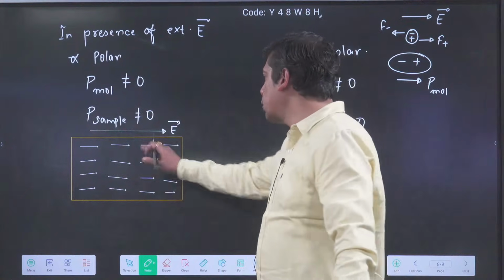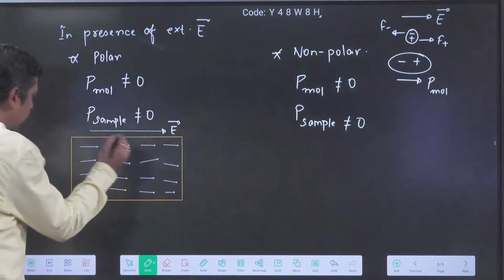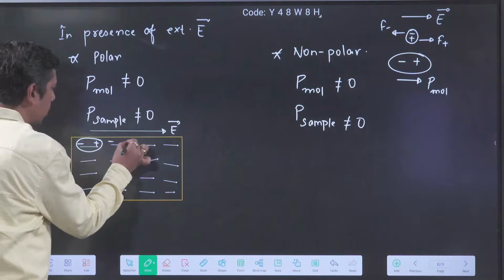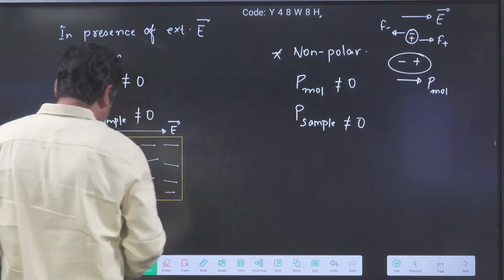Now understand what happens due to this. Can I say there is a negative charge, there is a positive charge? Or if you want, I can draw a separate diagram.